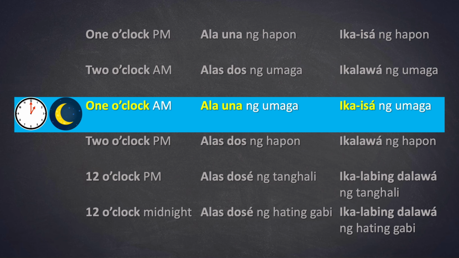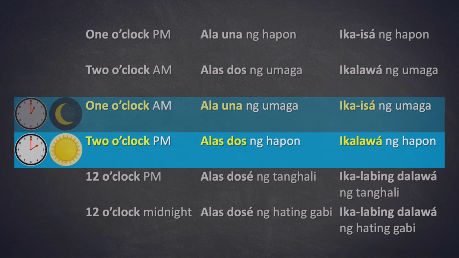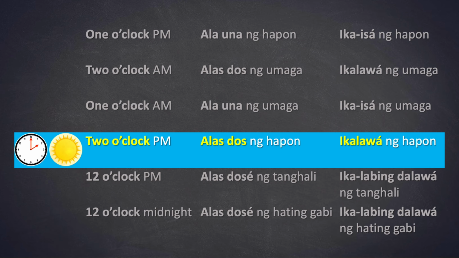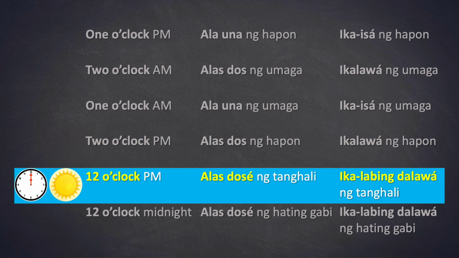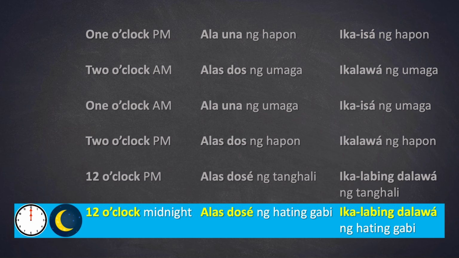Alright? 1:00 AM, alauna ng umaga, ika-isa ng umaga. 2:00 PM, alas dos ng hapon, ikalawa ng hapon. 12:00 PM, alas dose ng tanghali, ika-12 ng tanghali. 12:00 midnight, alas dose ng hating gabi, ika-12 ng hating gabi.